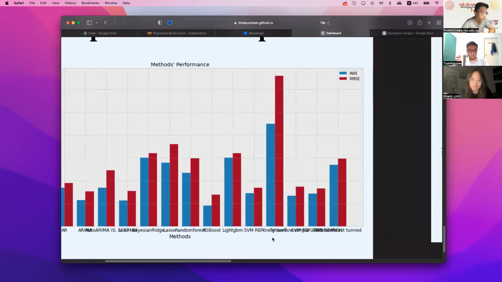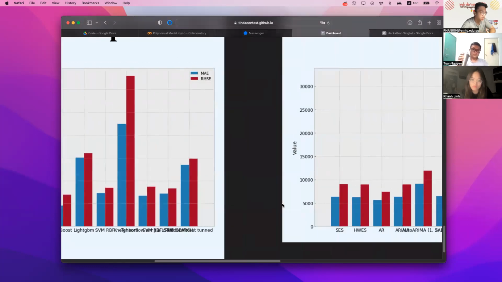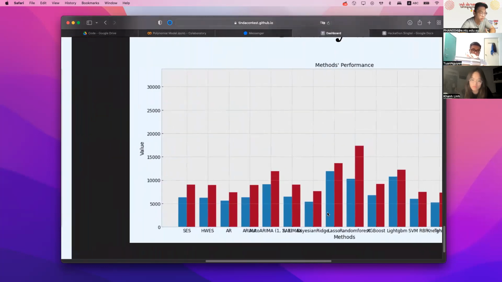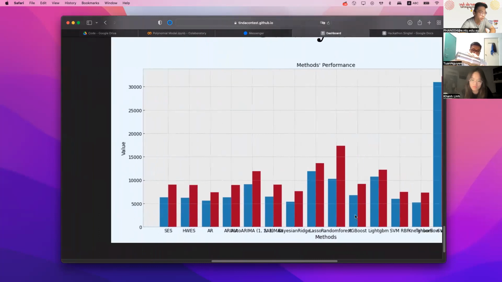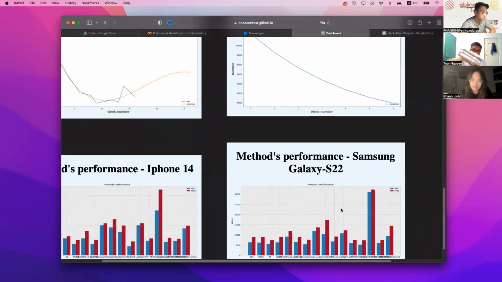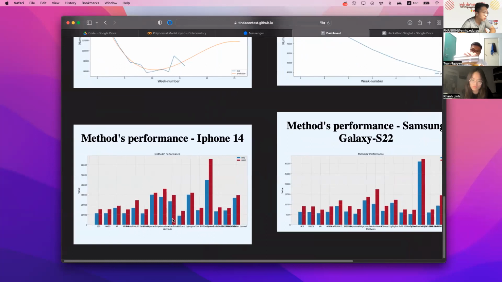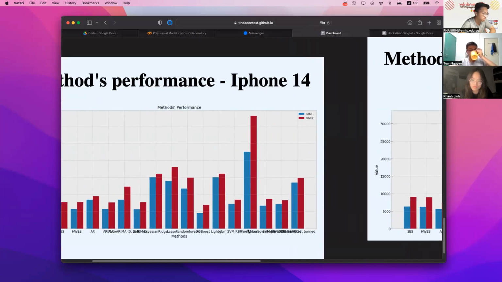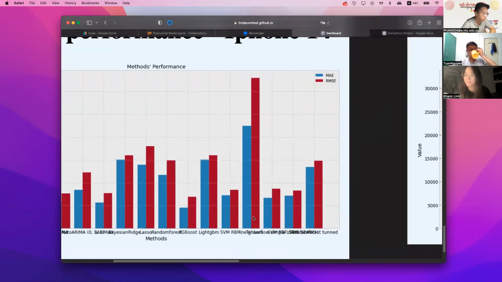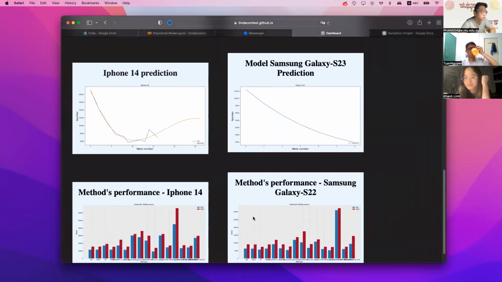Here we found that the best and most well-known models are XGBoost and Random Forest for the Samsung Galaxy S22, and for the iPhone 14 it is K-nearest neighbors.